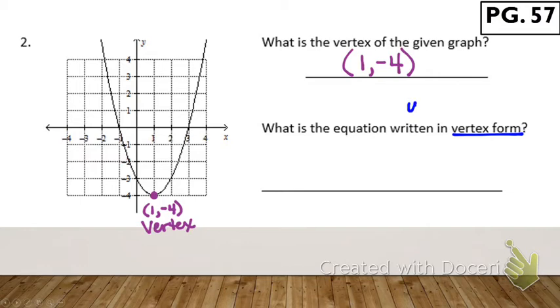Vertex form is that one up at the top of the page with the A, the H, and the K. We are going to assume that our A value is 1 here.